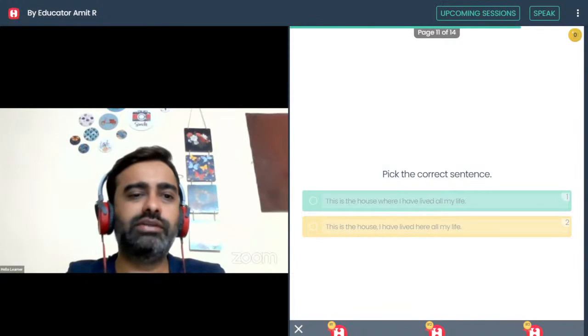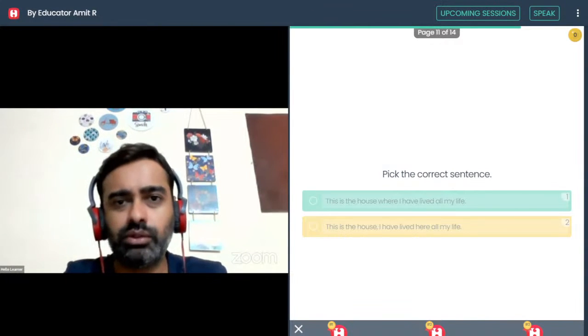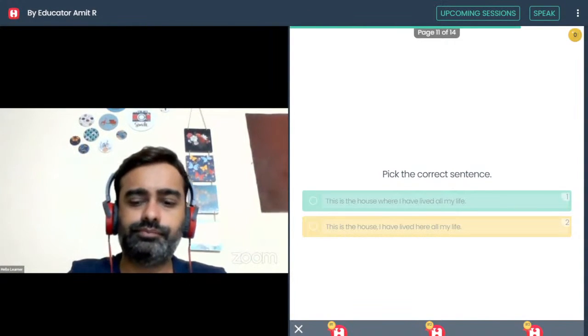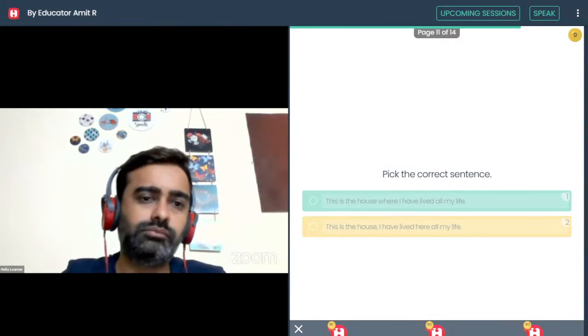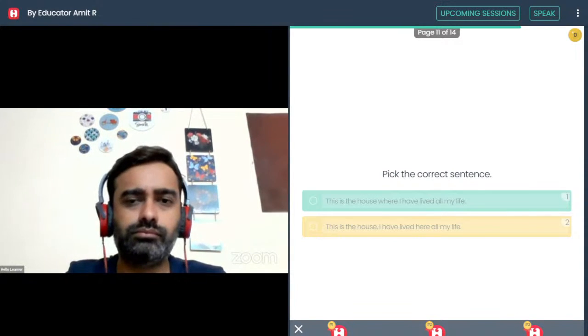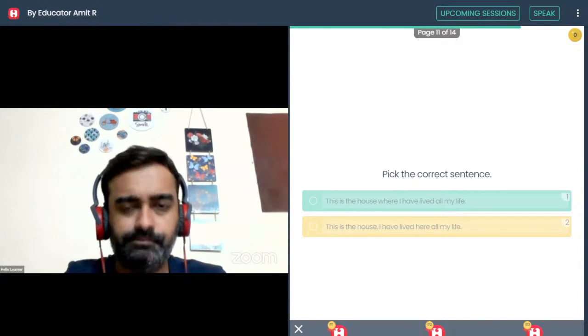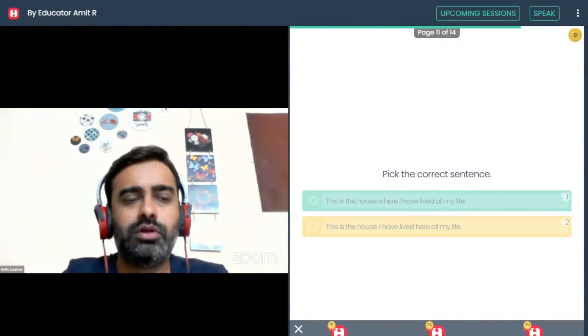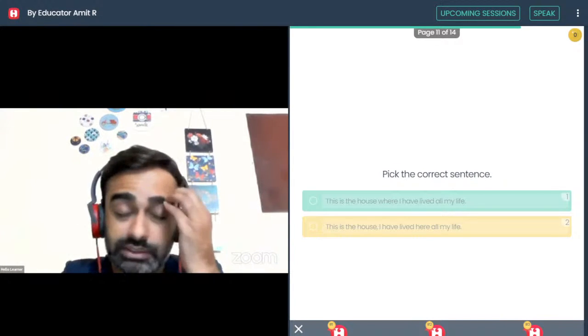Why is the usage itself incorrect? The construction itself incorrect. That's what I mean. Sir, conjunction, actually, the use of conjunction is to combine two clauses. In the second sentence, it's not combining anything. Okay. In the first sentence, it is combining with the word where. Fair enough. Yes, both of you are right.